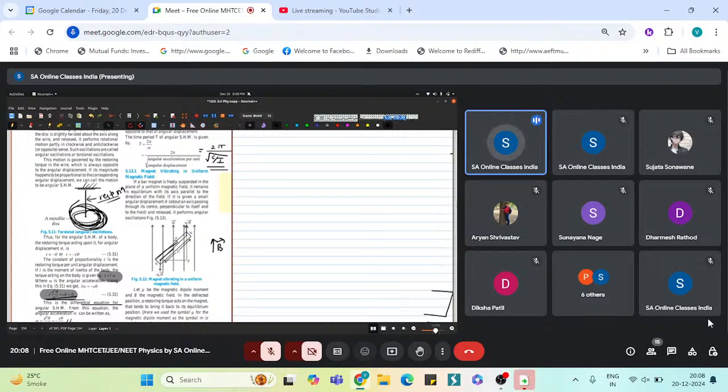So this is your magnet essentially, right? And this is the south pole, and this is the north pole, and this is the direction of your magnetic field. It is a uniform magnetic field, and you have kept the magnet at some angle theta. So this is some angle theta, let's say.